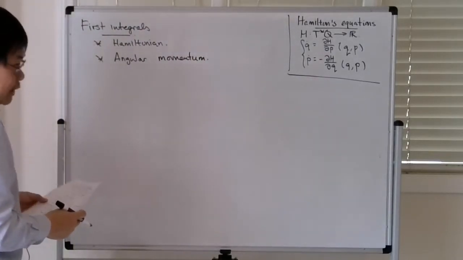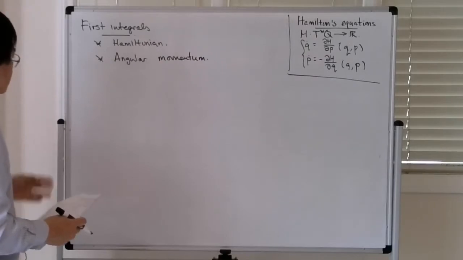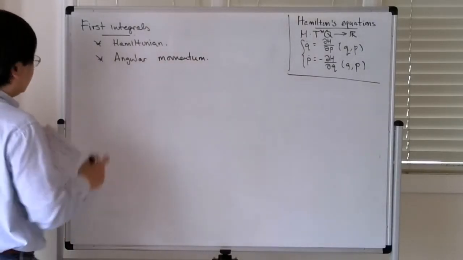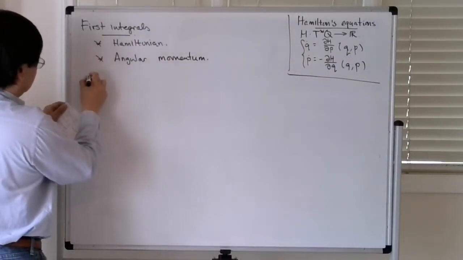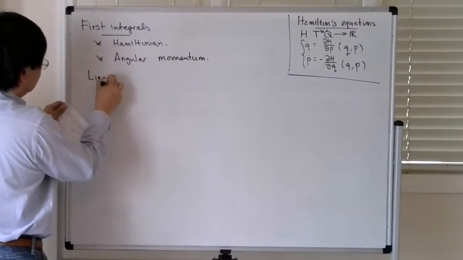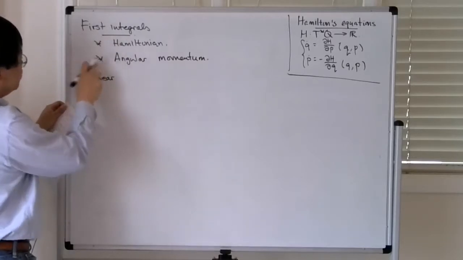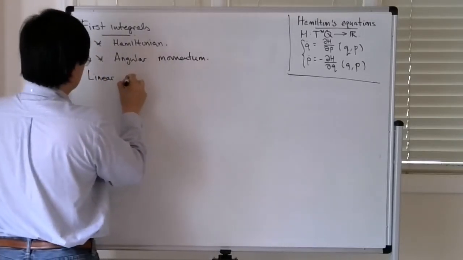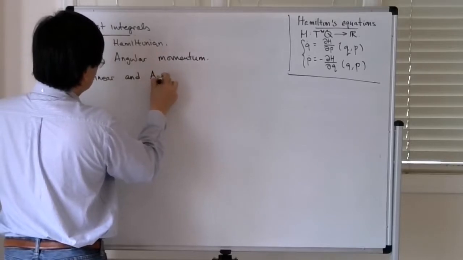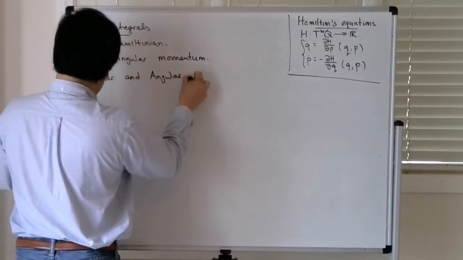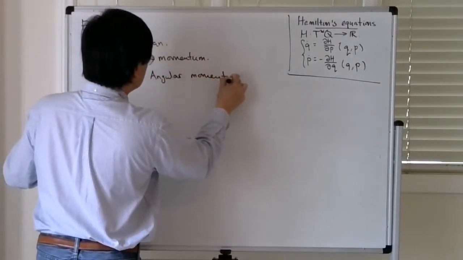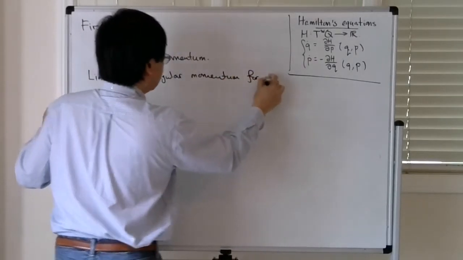So let's look at how you go about doing this, but in a slightly more general setting. We've already studied the case for the Hamiltonian, so let's look at the momentum cases. Let's look at linear and angular momentum for the n-body problem.